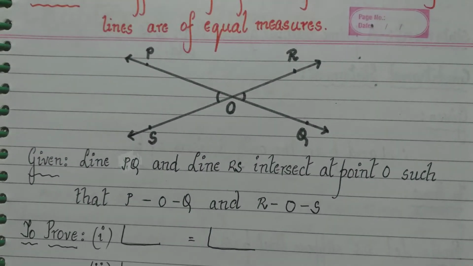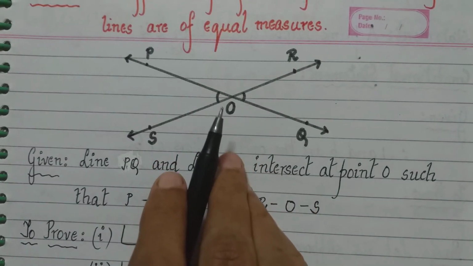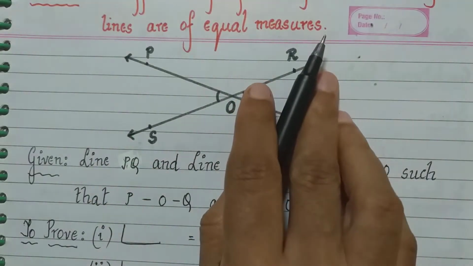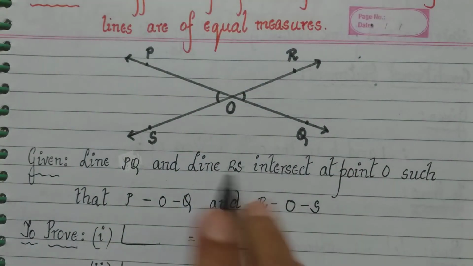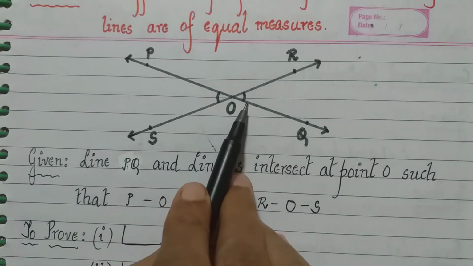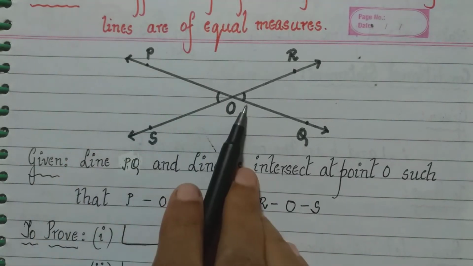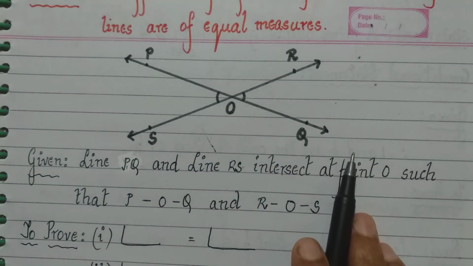Which are the opposite angles? Now you see here the opposite angles which we see are angle POR and angle SOQ. So this is one pair of opposite angles, and also we have one more pair of opposite angles.